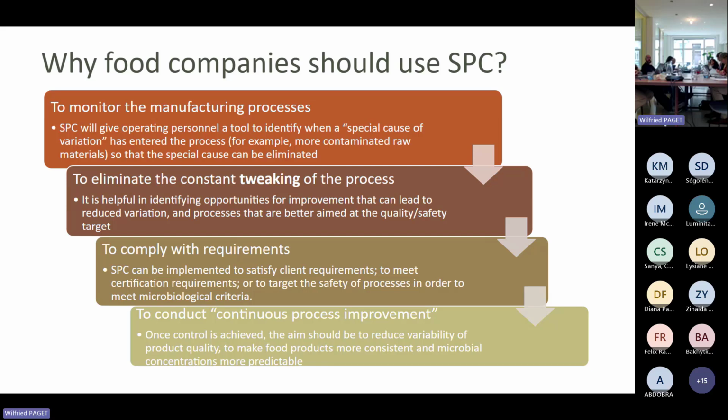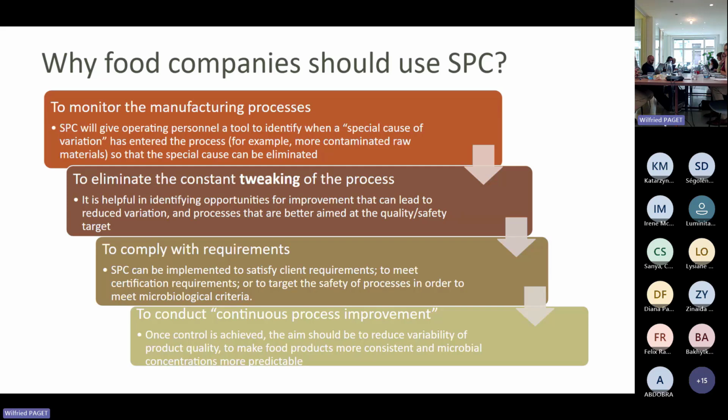If we have this signal of causes of variation, then we can check the system again. For example, more contaminated raw materials can impact the final product, the contamination of the final product. So we need to eliminate this cause by testing the raw materials.